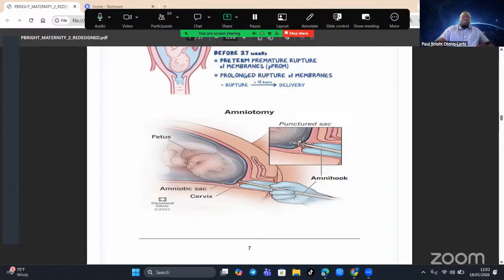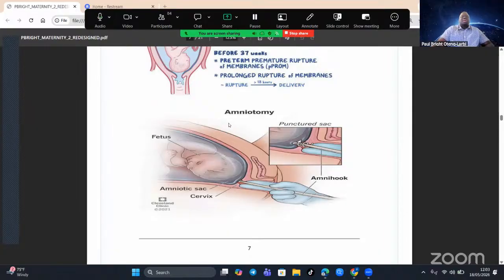Sometimes, too, some babies will come out with the amniotic sac intact. At this moment, we have to manually rupture it when we want the amniotic sac to rupture, because when it ruptures, there are some hormones in it that also help the uterus to contract so that labor will progress.